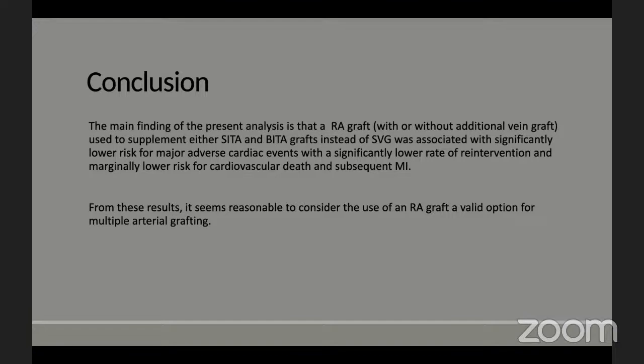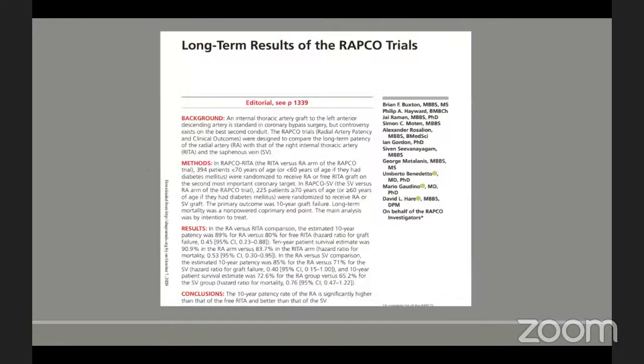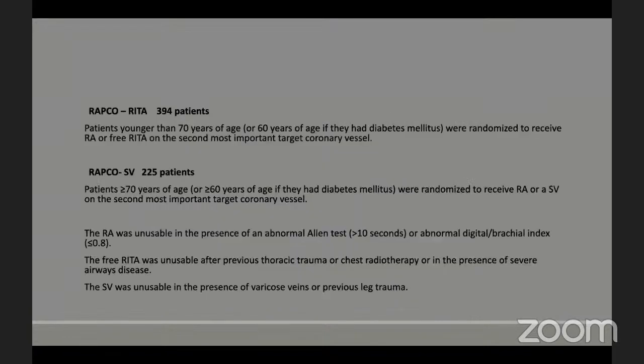The RAPCO trial: radial artery patency and clinical outcomes. Radial artery versus right internal thoracic artery: 394 patients younger than 70 years of age, or 60 years of age if they had diabetes, were randomized to receive radial artery or free right internal thoracic artery on the second most important target coronary vessel.